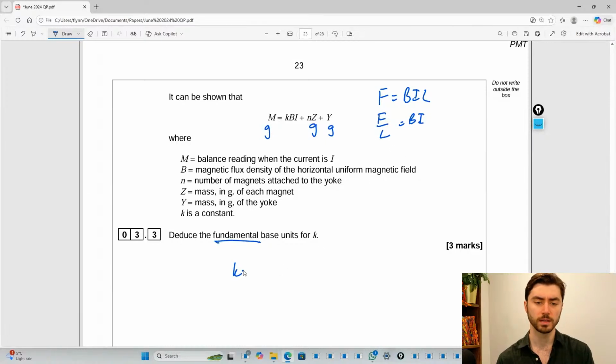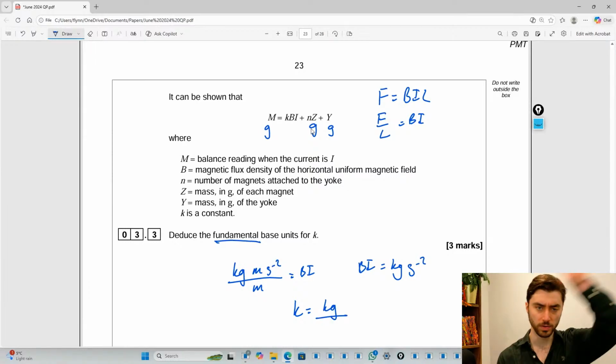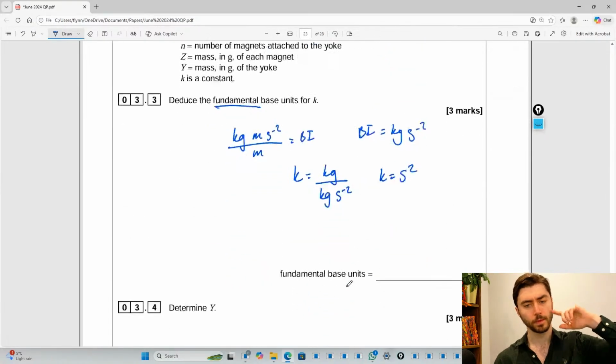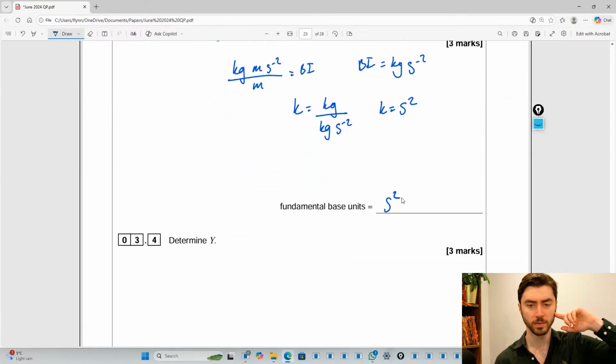And a force is kilograms meters per second squared all over meters equals BI. So therefore, BI has units of kilograms per second squared. So K is kilograms, which is the mass, when you put those all over to the left-hand side, divided by BI. So divided by kilograms per second squared. So K must have units of seconds squared. So fundamental base units are seconds squared.